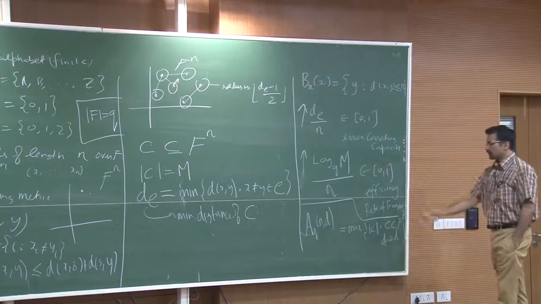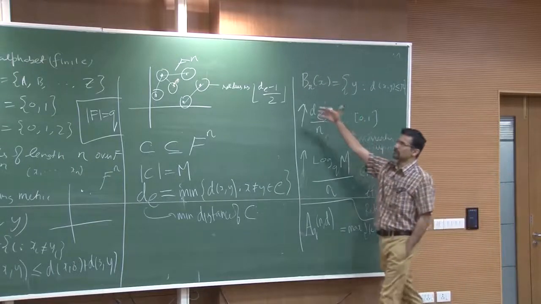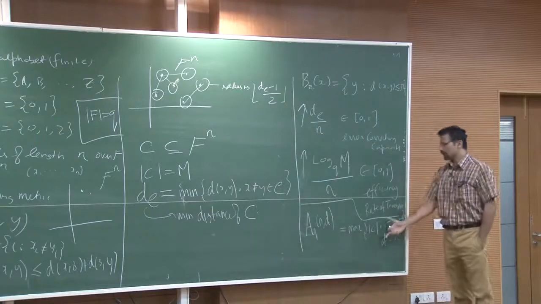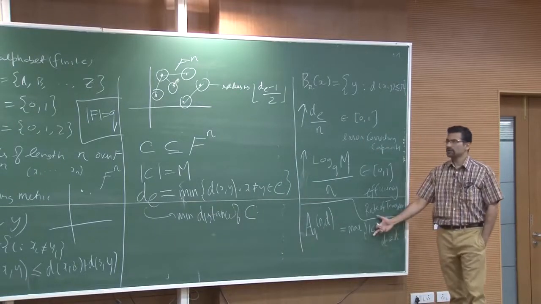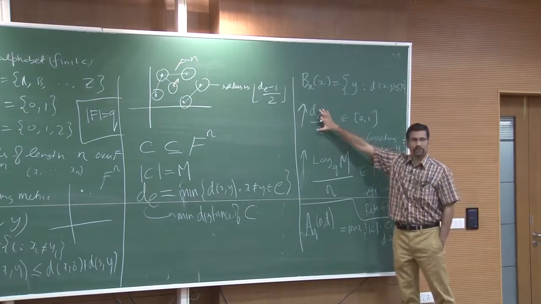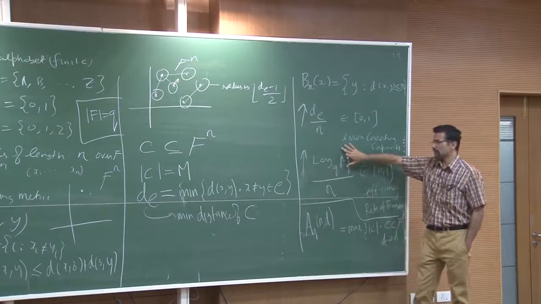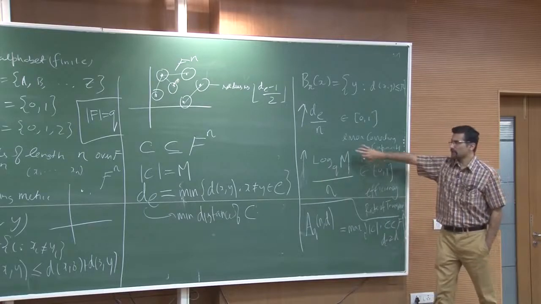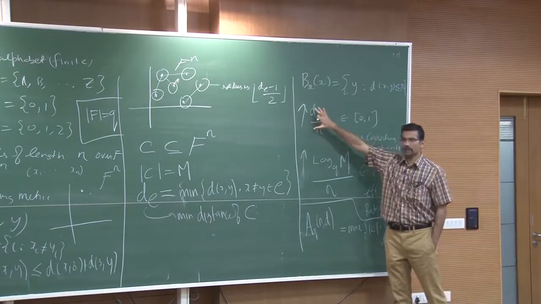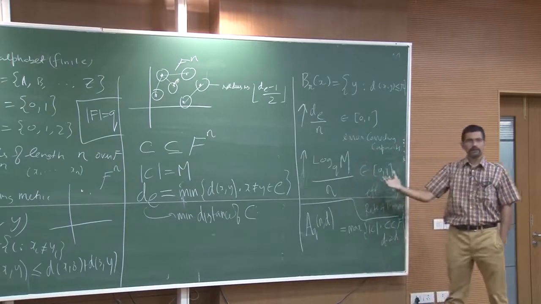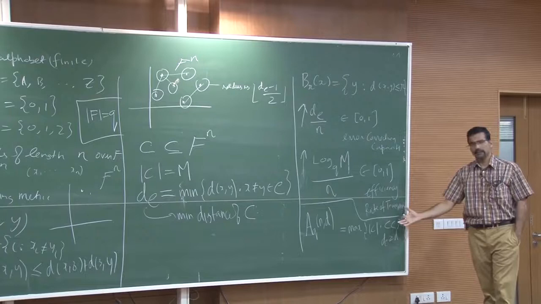So among all codes, all subsets of F_q to the n whose minimum distance is at least d, you want to maximize the size. I fixed some ratio here, so give me the maximum value here. Without the log, it is just this M. You want this much error correcting capacity; tell me the largest efficiency that you can give me. Roughly speaking, that is what this is capturing.